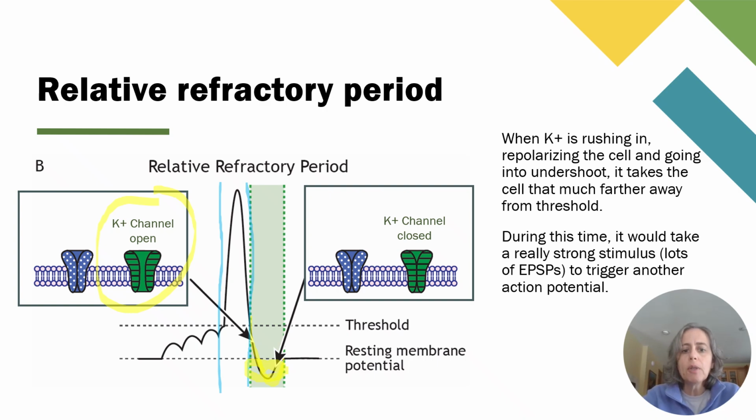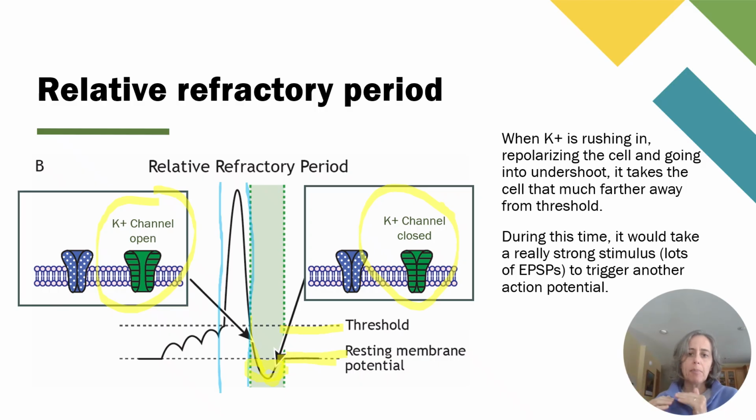So we are so much farther away now from threshold that it's not until those potassium channels close and the sodium potassium ATPase starts to do its job and brings us back to our resting potential here that it's going to be just as easy as it was before to trigger an action potential. So during this relative refractory period, it's just that we have longer to go. We have longer to go to reach that threshold.